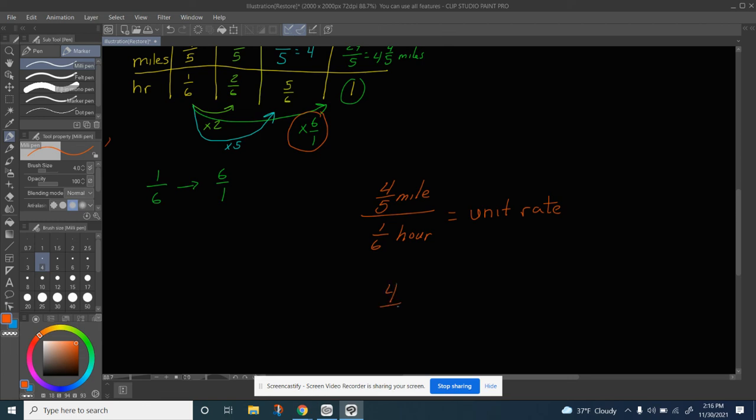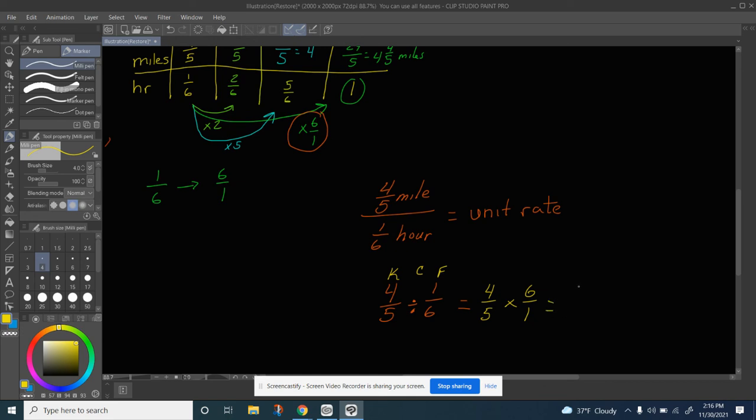So we can take 4/5 divided by 1/6. And you will remember that when we did our unit on dividing fractions, we use the rule of keep, change, flip. In other words, we're going to keep the first fraction the same and multiply by the reciprocal, which is exactly what we did up here, multiplying by 6/1.